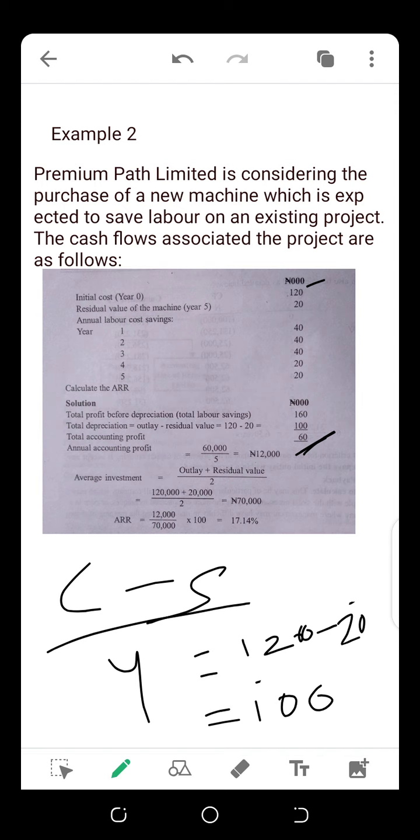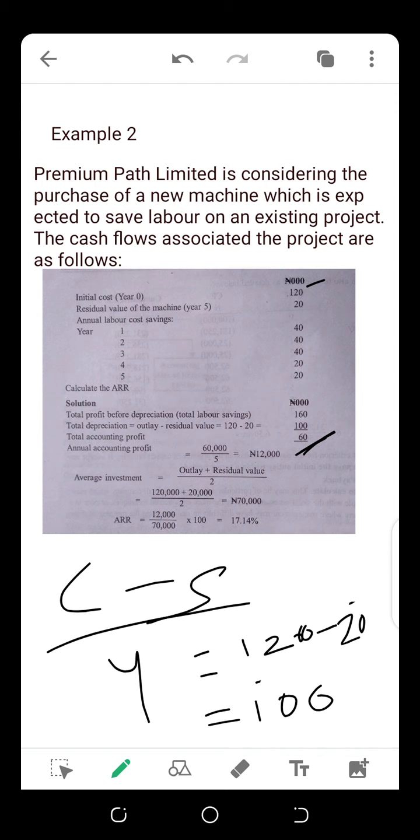So next you calculate the average of that profit, because it's not the total you have to use. Don't forget the formula for accounting rate of return based on average is average annual profit, the average of the profit for each year, so divided by the number of years, which is the profit per annum, divided by average investment.